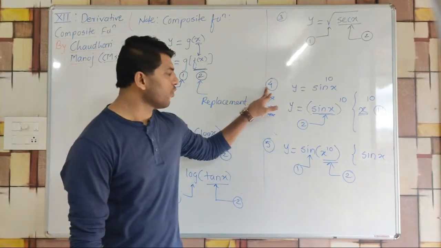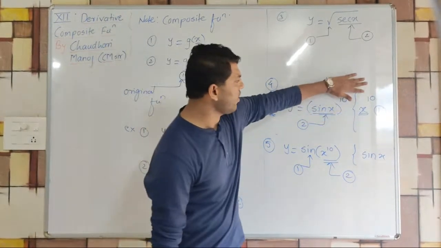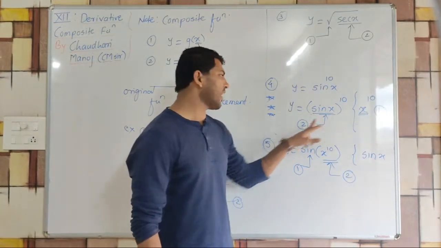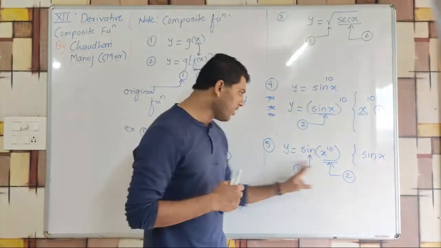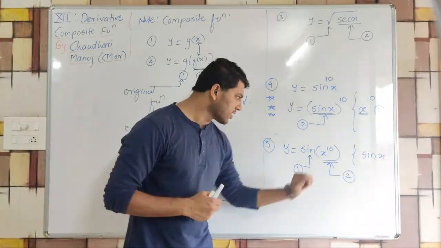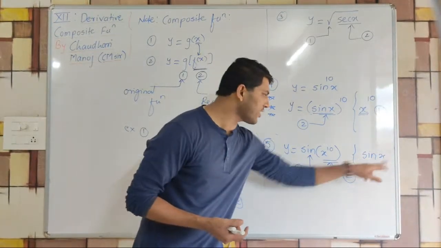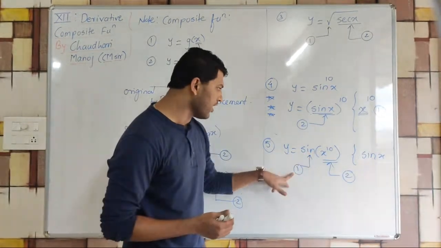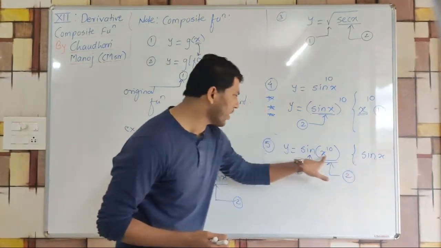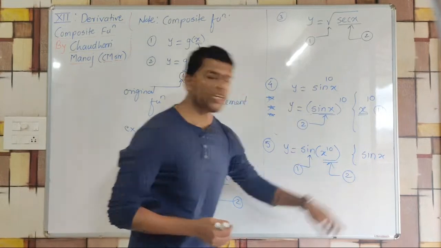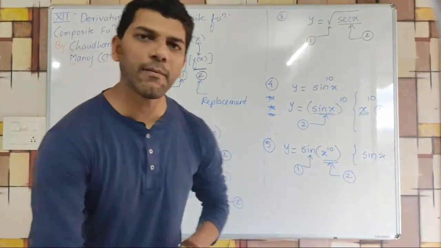In case number 4, x raised to 10 is the first function and sine x is the second. While here, the index 10 belongs to x. So originally sine x is the function, sine is the original and the replacement for x is x raised to 10. So please assign 2 to the second part.